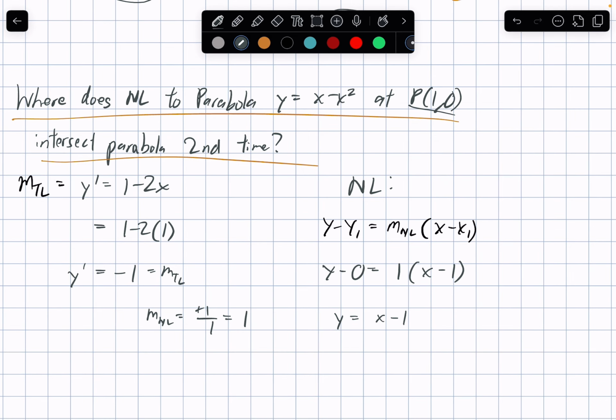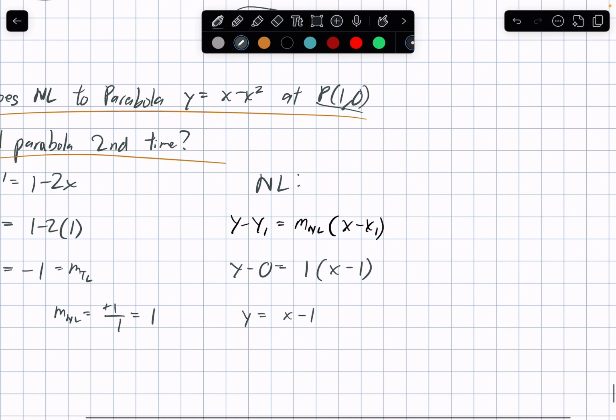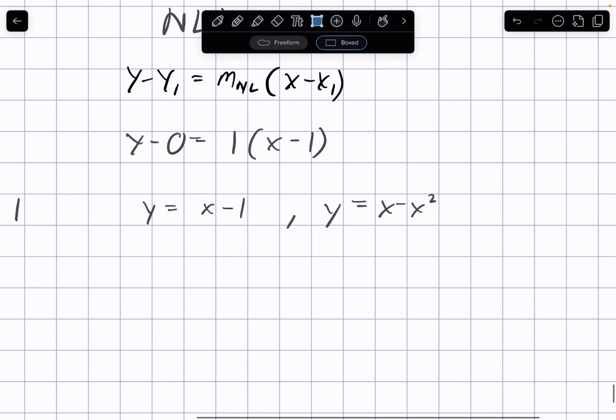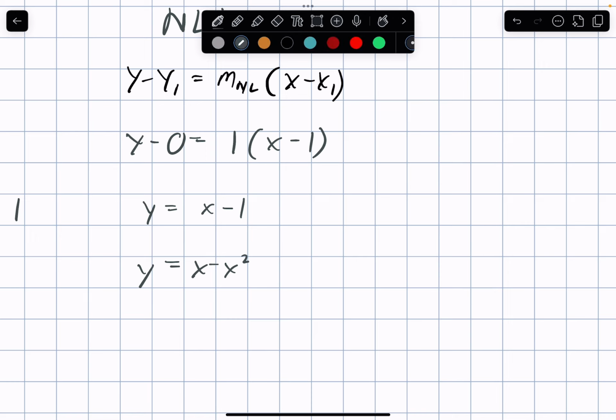What do we do next? We need to find x and y. So given that we have these two, bring this here. So I think we apply systems of linear equations.